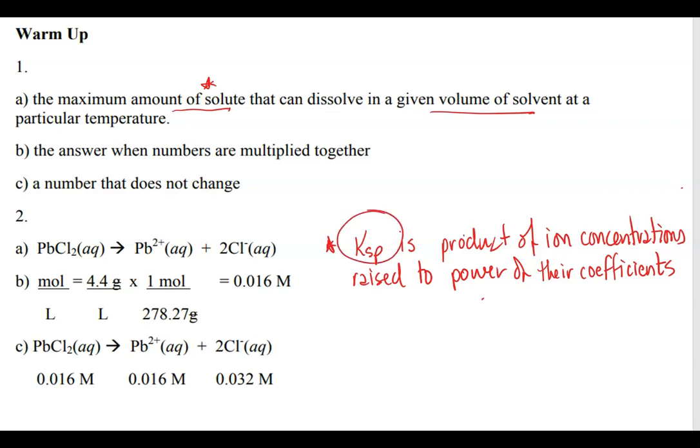Whereas Ksp is the product of the ion concentrations raised to the power of their coefficients. And it's important to distinguish between the two, right? One is a specific amount with units of moles per liter or grams per liter or grams per 100 mL. And the other tells us a little bit more about the nature of the salt, the specific solubility or insolubility.